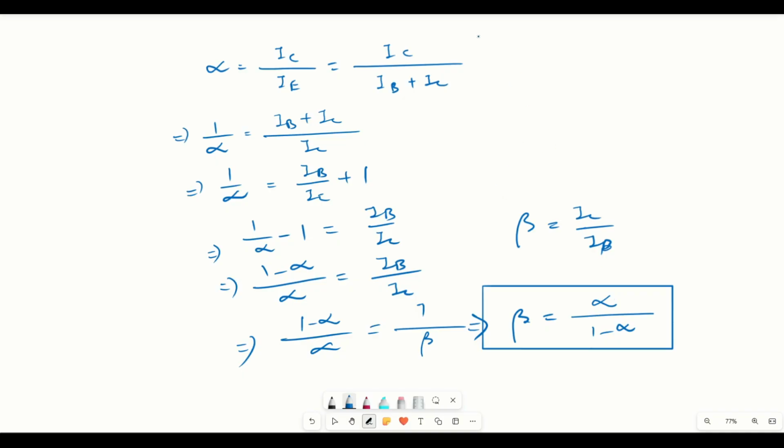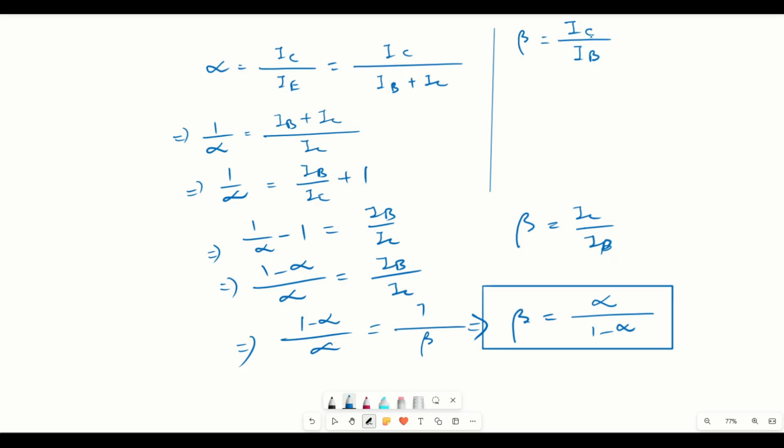Now if you want to determine the other way around, that is alpha in terms of beta, let us consider beta, which is given as IC by IB. Now we want this in terms of alpha.